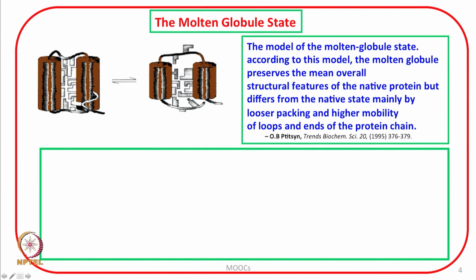So, this is a relatively molten form of the native state, and that is what is commented over here. According to this model, the molten globule preserves the main overall structural features of the native protein, but differs from the native state mainly by looser packing and higher mobility of loops and ends of the protein chain.